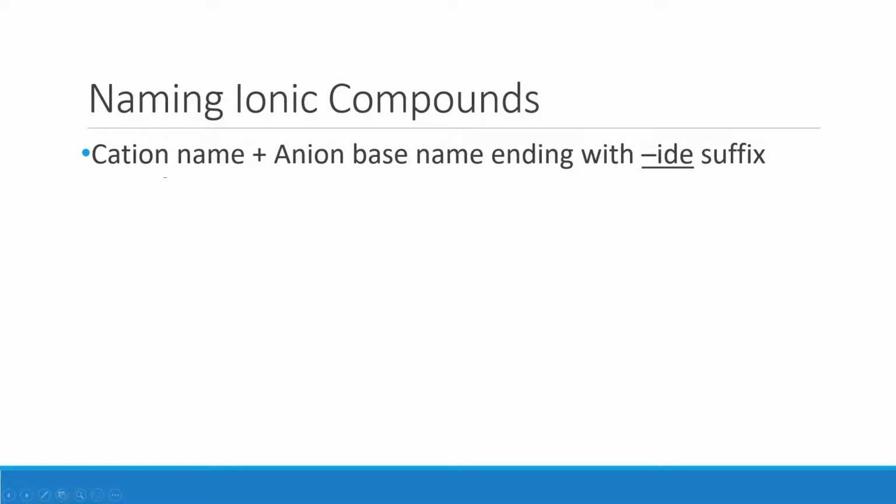So what that means is, if you are working with an ionic compound like, let's say, sodium chloride, NaCl, which is comprised of sodium and chlorine, the cation is sodium. That name stays exactly the same. The ion of it is known as sodium. The anion, however, is going to have its name changed from chlorine to chloride.